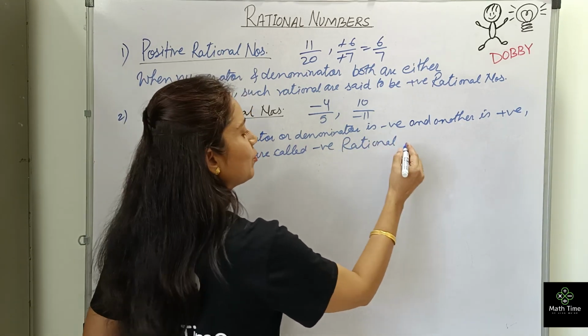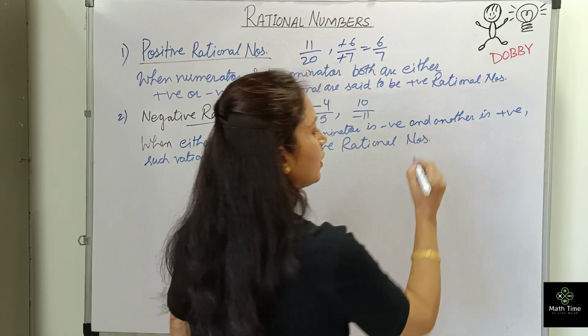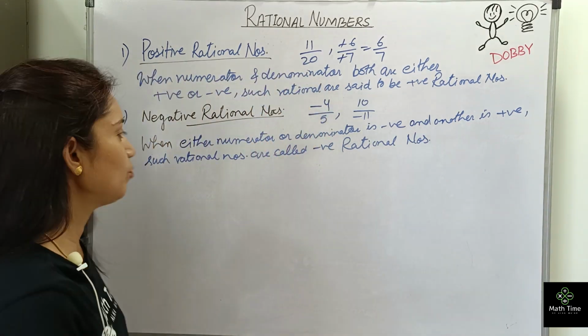Okay, these are two types of rational numbers. Now let us see next, standard form of rational number.